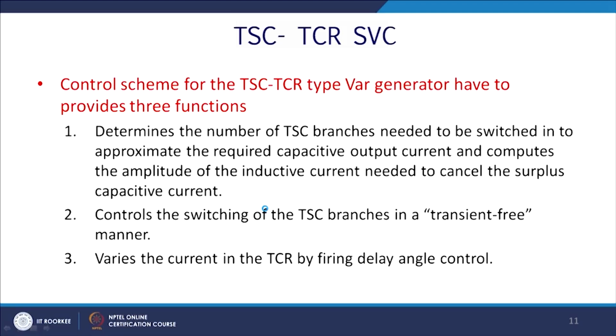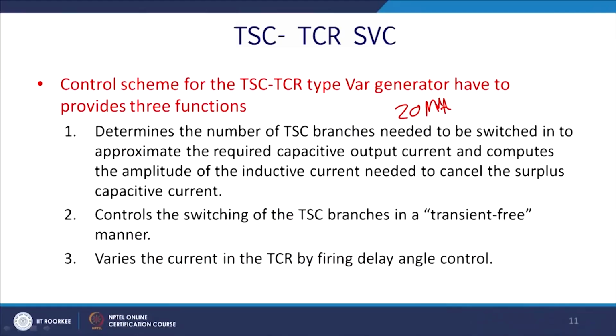The control scheme for TCSC TCR type generator, and we will see how it can be controlled. First of all, we require to know what can be the maximum Var requirement of that particular site, and let us say we require 20 MVA, and from there we have to design the size of the module.